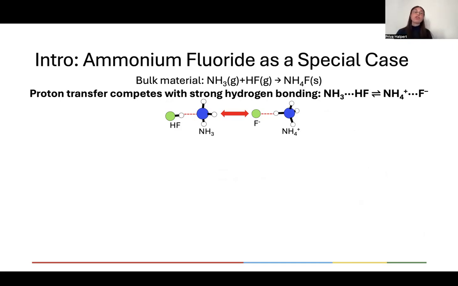Now, the reason why ammonium fluoride is more unique than other ammonium halides is that it actually has three different motifs that it can exist in.